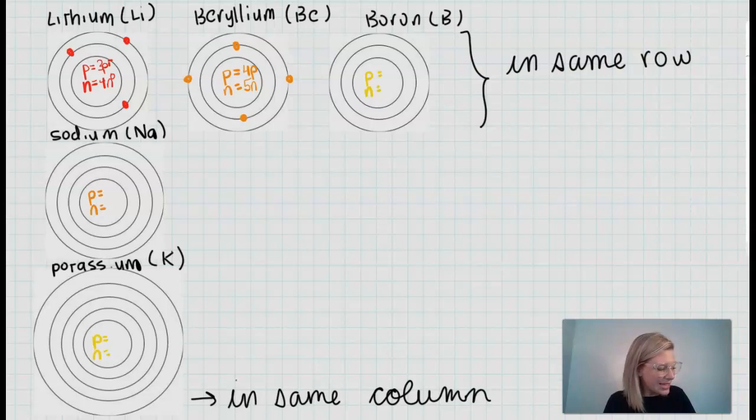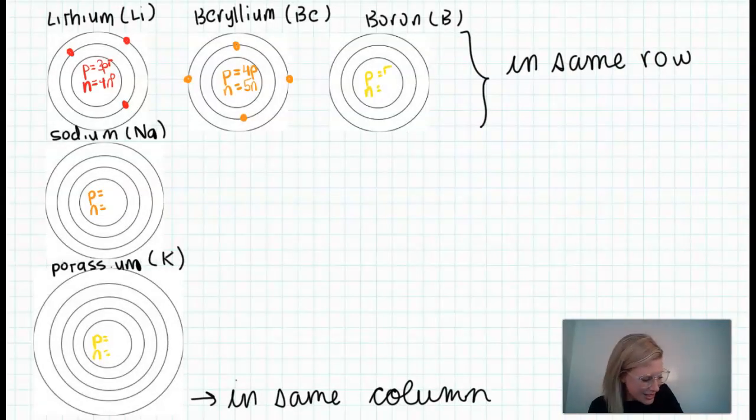And then let's take a look at boron. Boron is element number 5, so it has 5 protons. And if you were to look up the mass, it has a mass of close to 11, so therefore it has 6 neutrons. It contains 2 electrons in the first energy level and a total of 3 electrons in the second energy level.